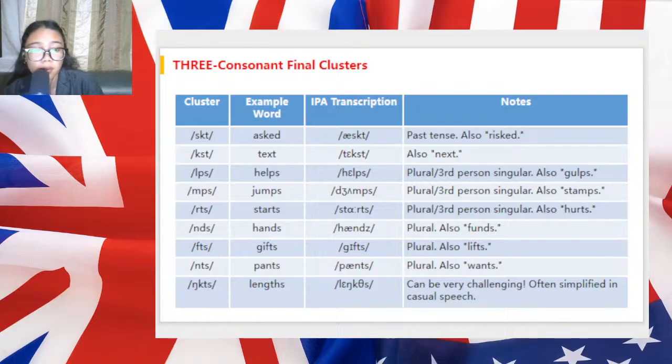This cluster also appears in next. Let's practice text, next. Make sure all three sounds are distinct but seamlessly connected at the end.